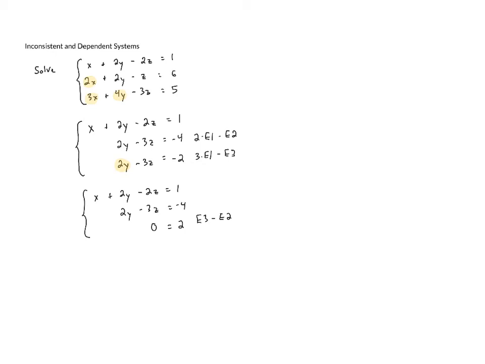So we get 0 equals 2, and we know that 0 cannot ever equal 2. This is never going to be true, and what this means is that there are no values of x, y, and z that make our original system of equations true, and so there is no solution to this system of equations.